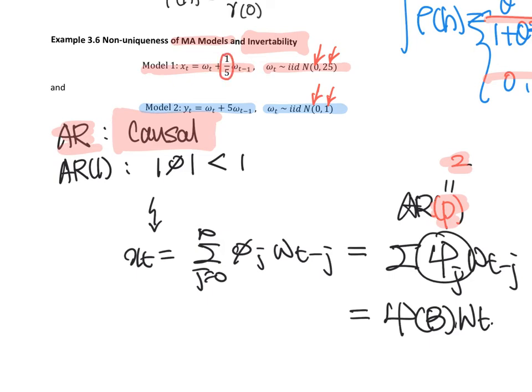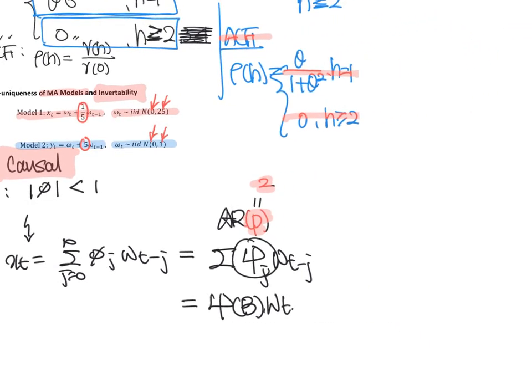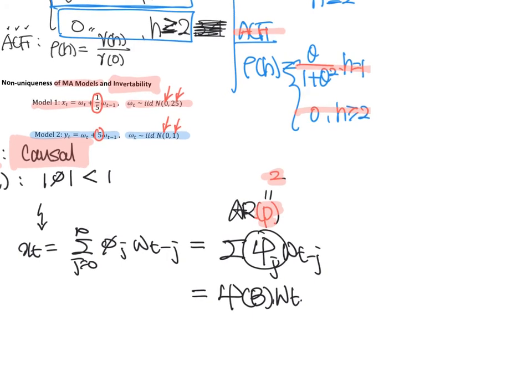But here the coefficient is 1 over 5. In model number 2, there is a 5. So now let me try to get the ACF in model number 1 and model number 2.